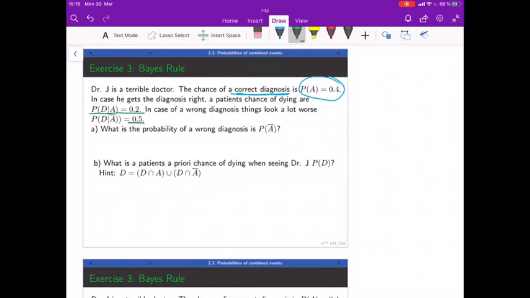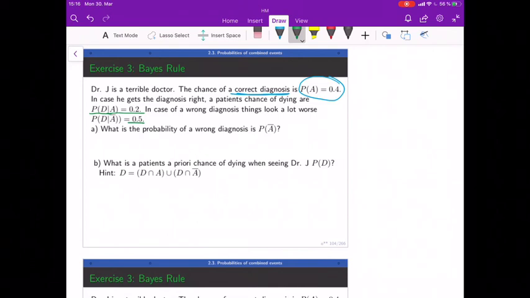But very interesting is, what is a patient's a priori chance of dying when you see Dr. J? All we know are the conditional probabilities depending on his diagnosis, but what is the pure one, a priori?